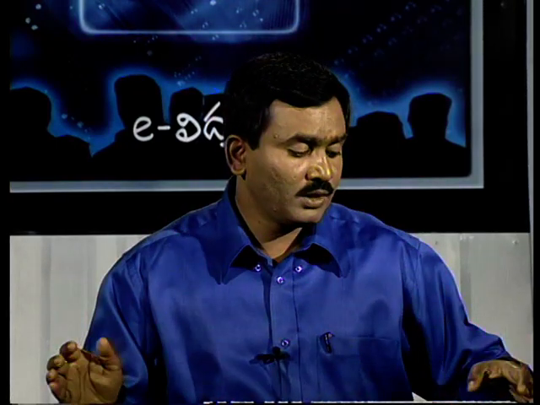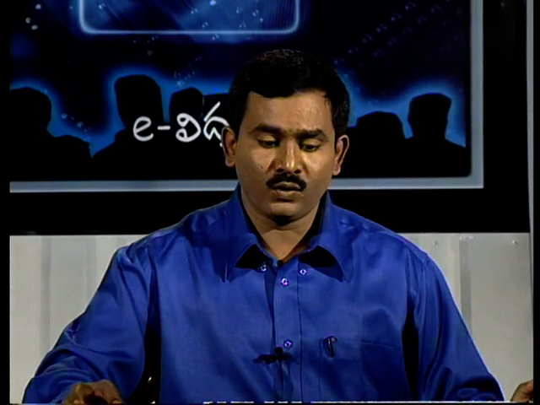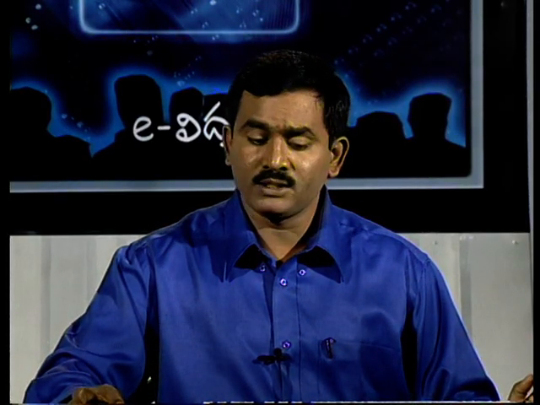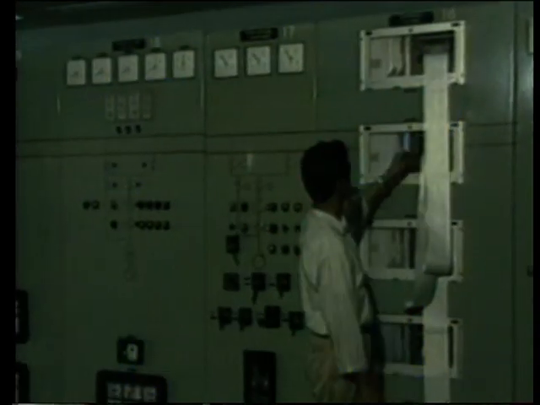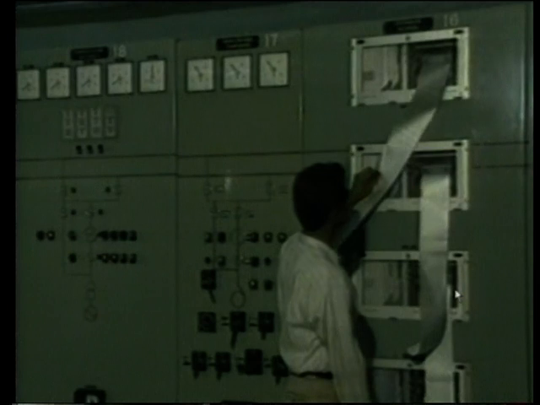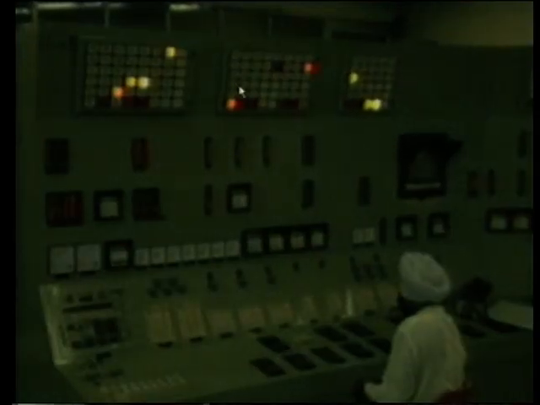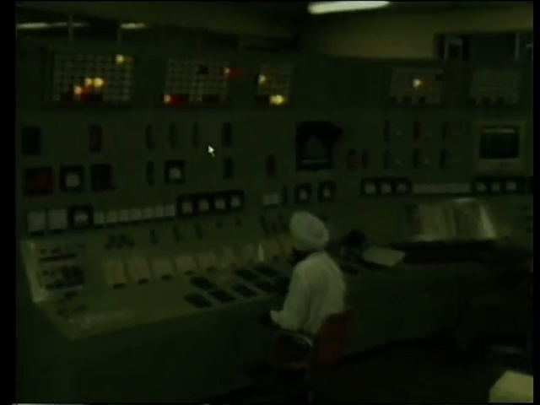So, here is another clip, you can see in a TPS. You can see the control room, how they are continuously monitoring the total system. They indicate the load every hour, and here the meters show the active power, reactive power, and the position of all operators.